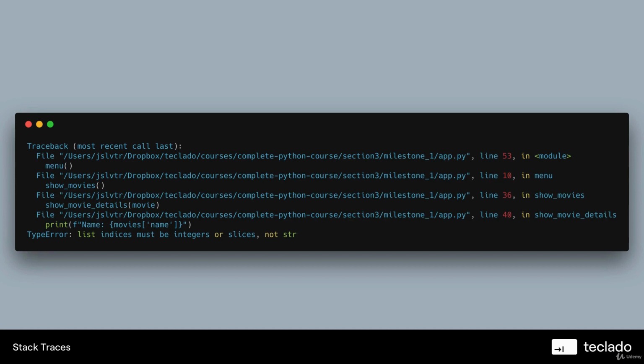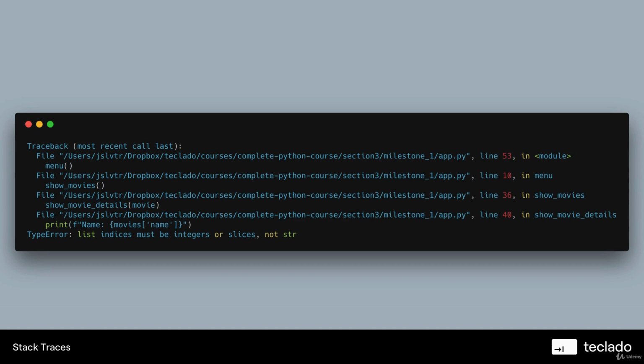Here we've got a slightly more complex traceback. This time the traceback has 4 different lines. Now, it's really important that at the very bottom of the traceback, you're still getting the same thing that you got in the previous traceback. You've got the name, which in this case is a type error.